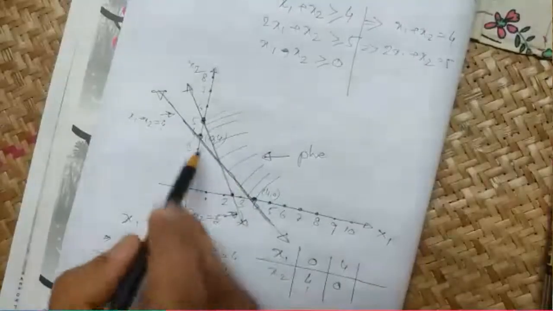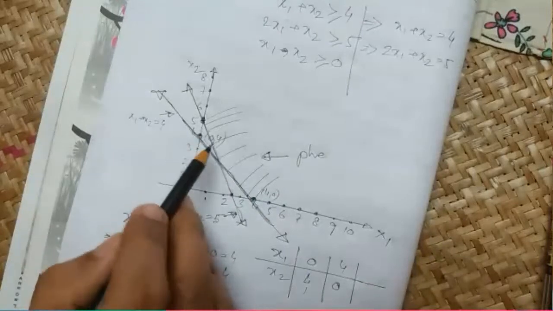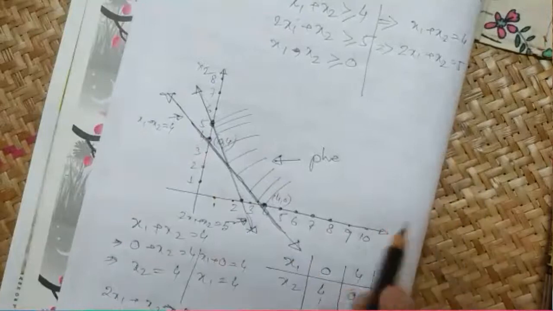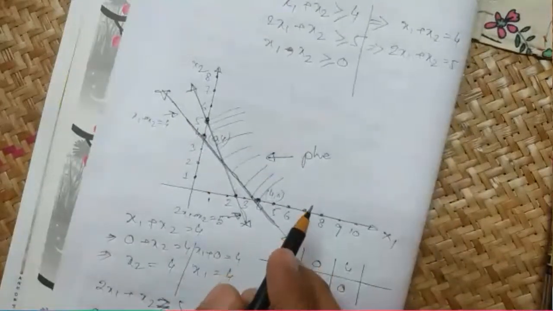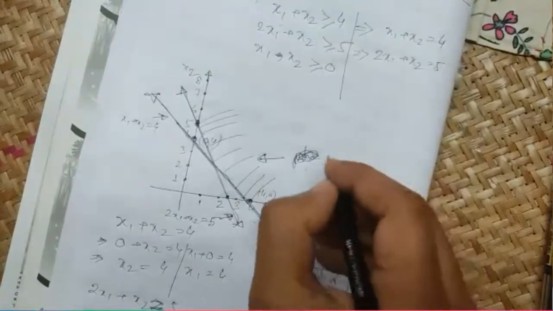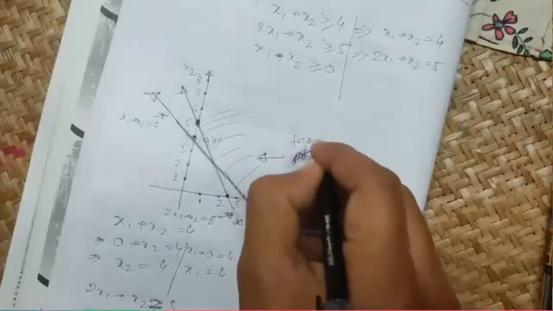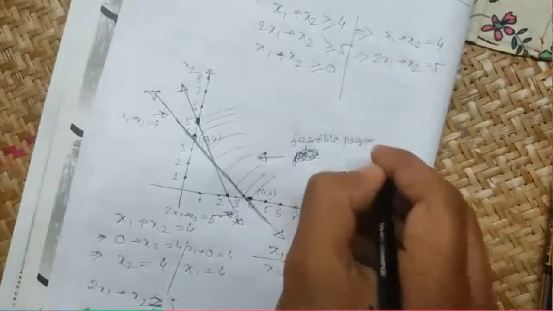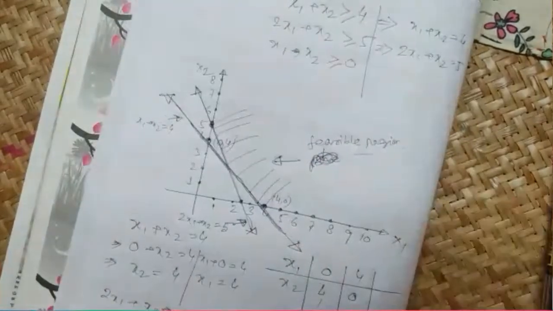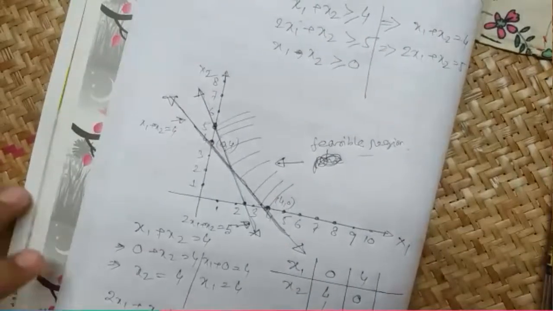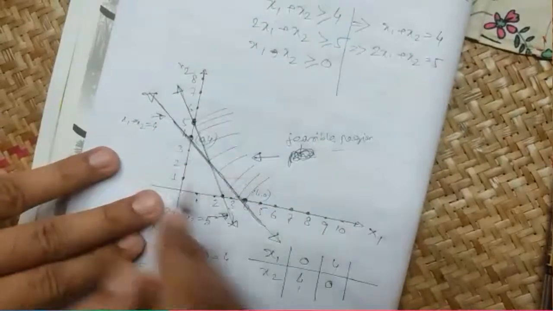Okay, so we can understand that the optimum will be on these lines or on the outer side of these two lines. So this is actually the feasible region.